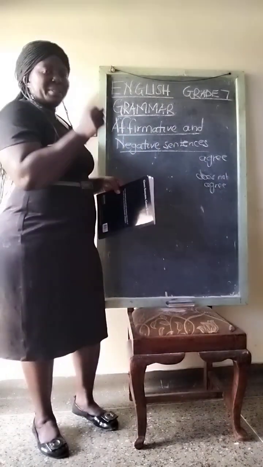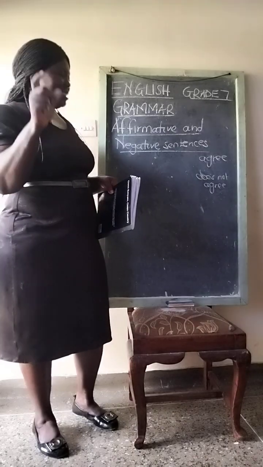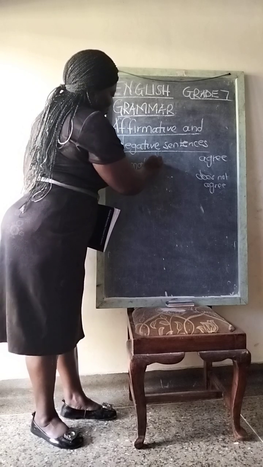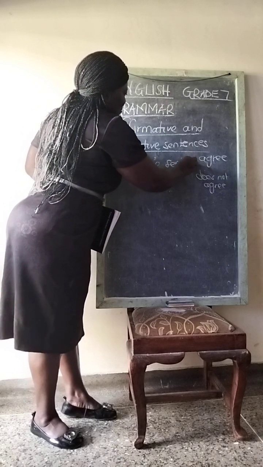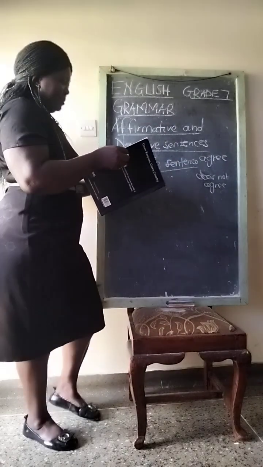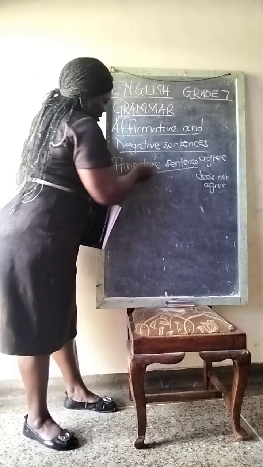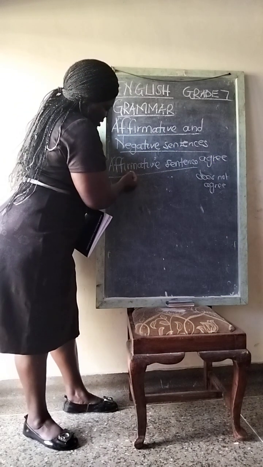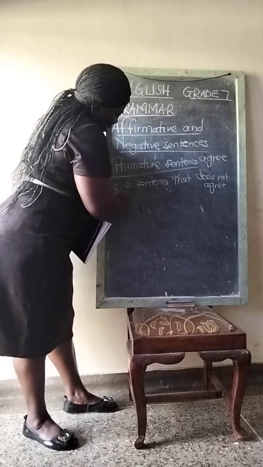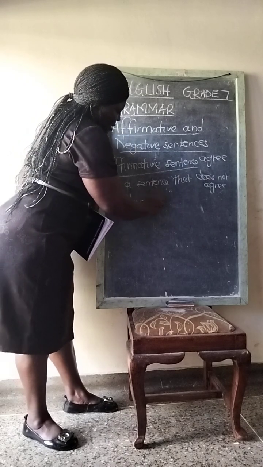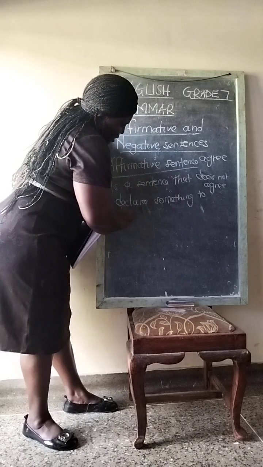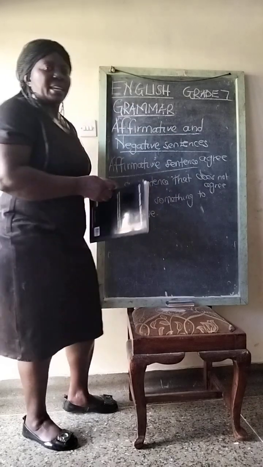Now, let us write what an affirmative sentence is. An affirmative sentence is a sentence that declares something to be true.